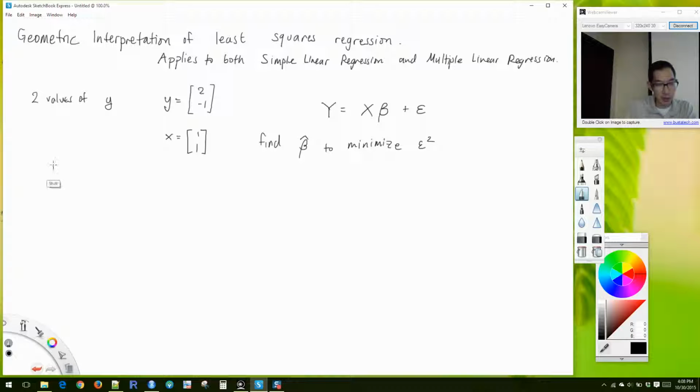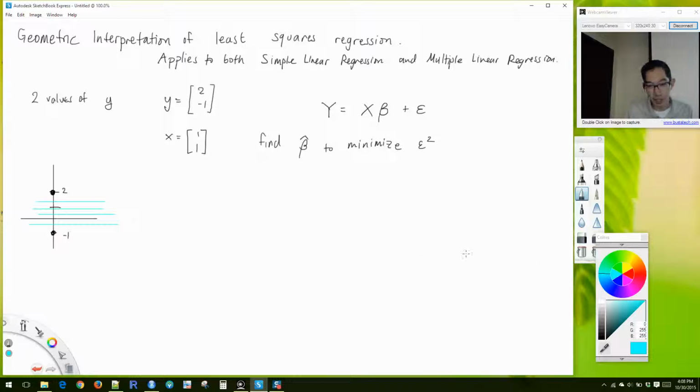So if we were to plot our data, let's say we have y at 2, so I'm going to put a dot right here, and y at -1, right here. We're trying to fit some constant value such that it minimizes, so I'm going to have some potential fits here.